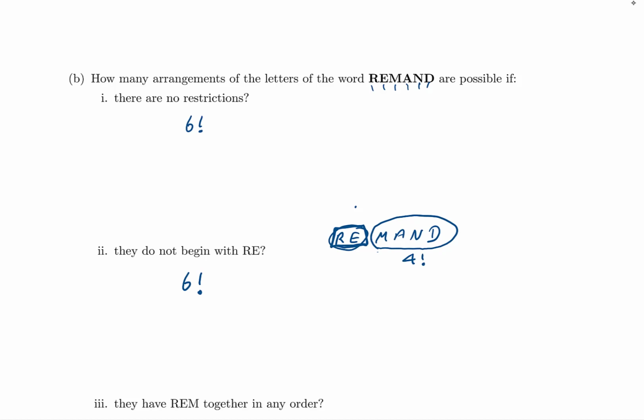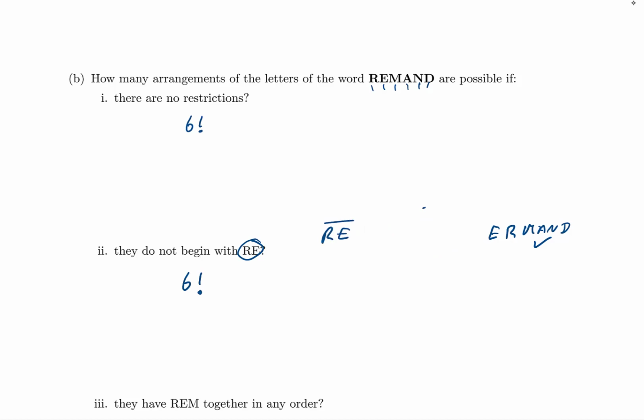But understand that if you think about ER, it is okay, because it says only RE. You can consider ER, MAND. This can be counted, right? The only thing excluded is this one. If RE is already at the beginning, it is fixed, so we have 4 letters.